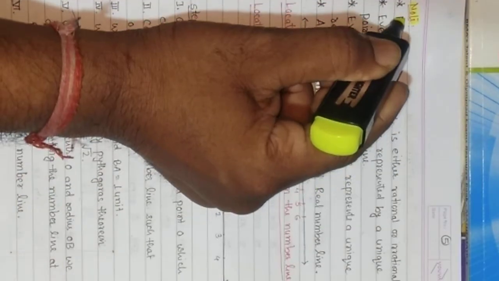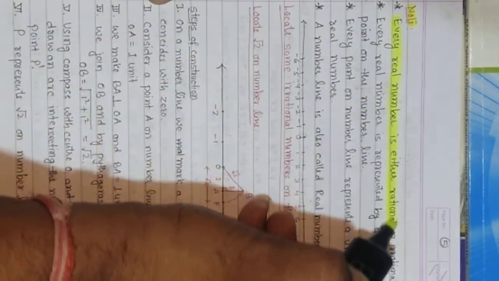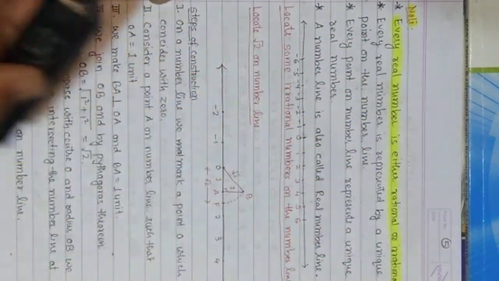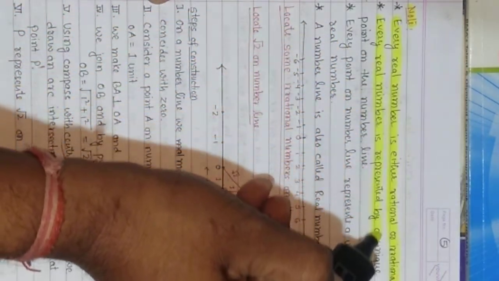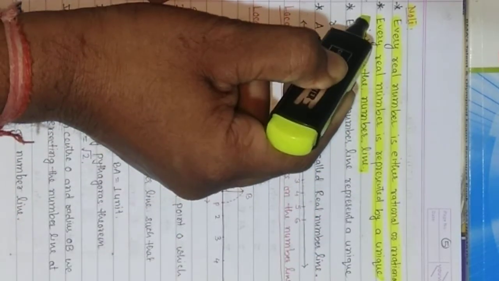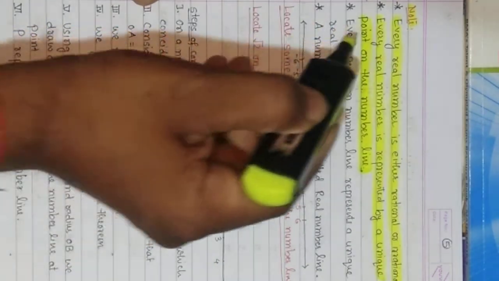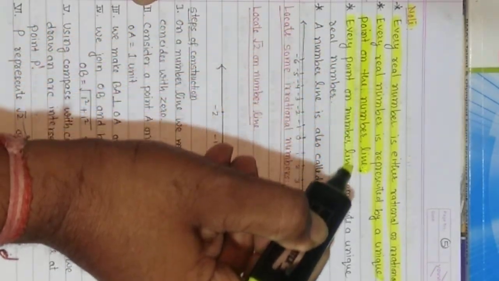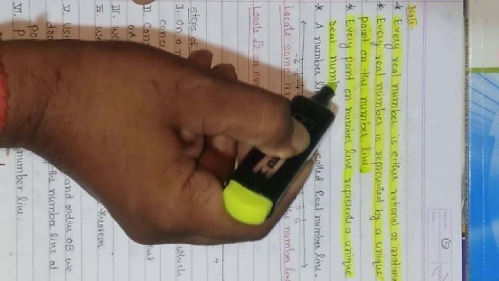If we consider any real number, it is either rational or irrational. Every real number can be represented by a unique point on the number line. Every point on the number line represents a unique real number.